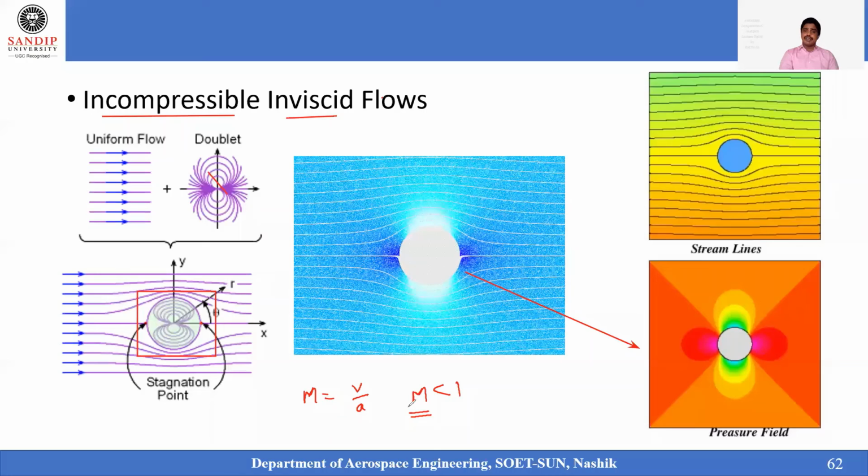Now, how can we make the Mach number less than 1? That means the denominator needs to be raised, so can the speed of sound be raised? No, that is a fixed value. So we are limiting the speed of our object in order to make the Mach number less than 1.